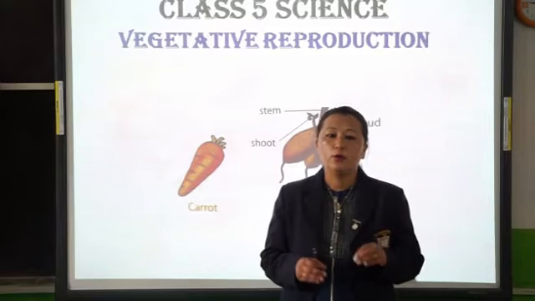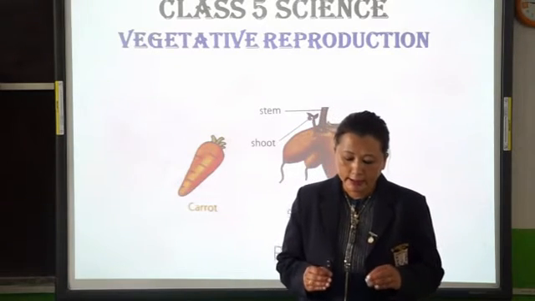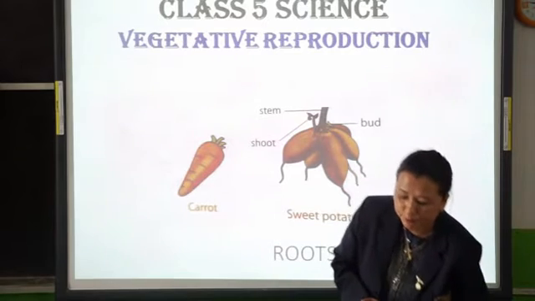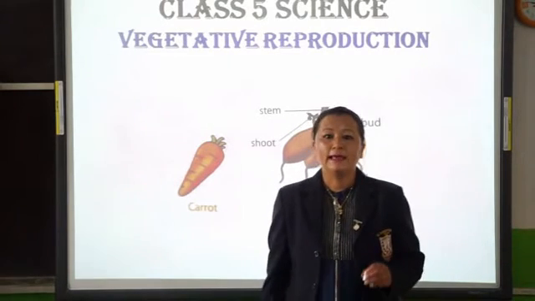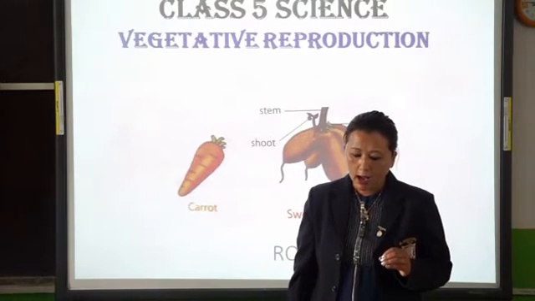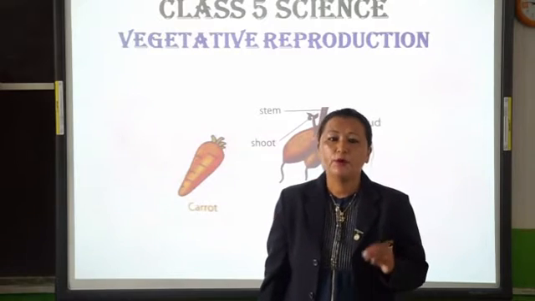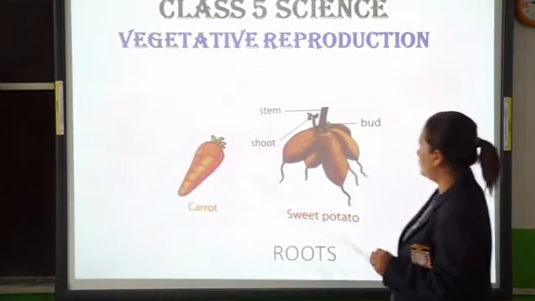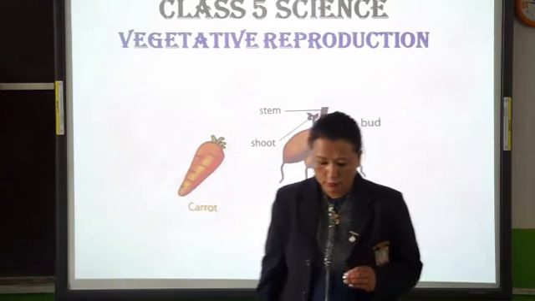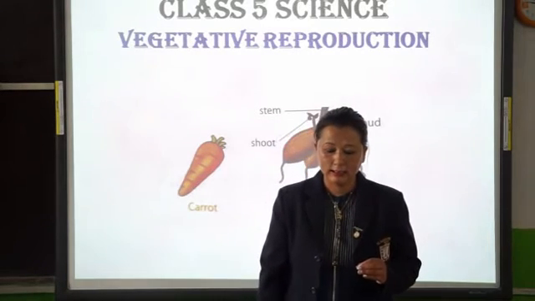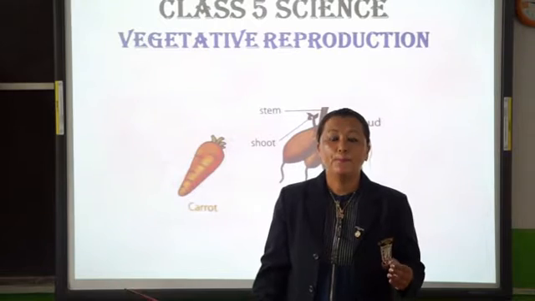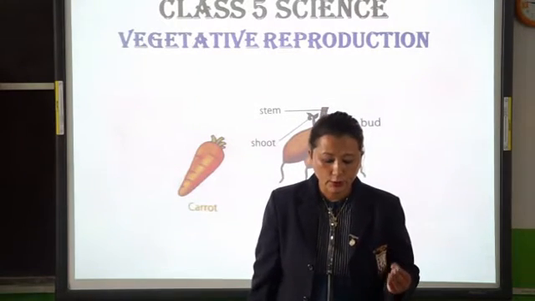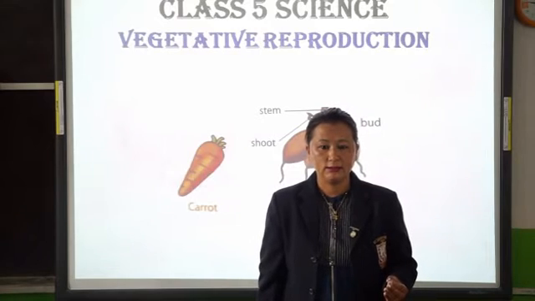The first one we will be seeing is reproduction from roots. Some examples of vegetative reproduction of roots are carrot, sweet potato, and dahlia. Roots of some plants can give rise to new plants.